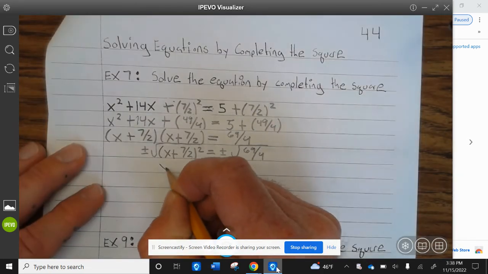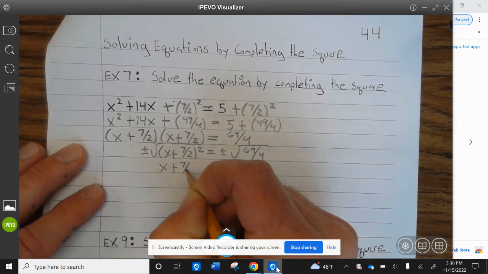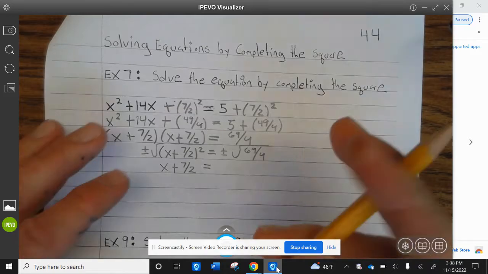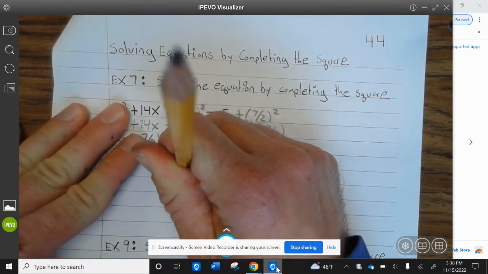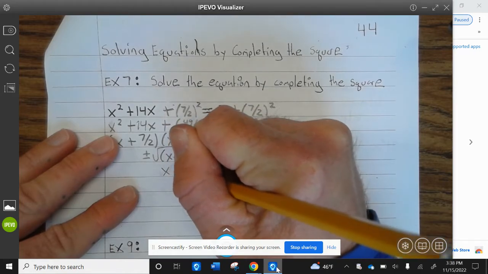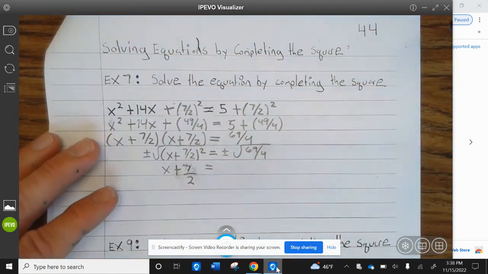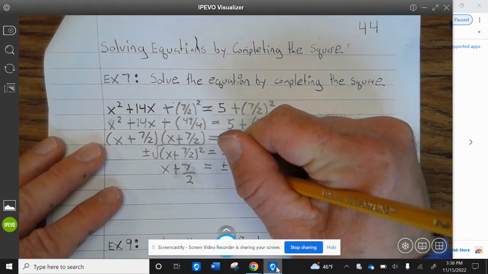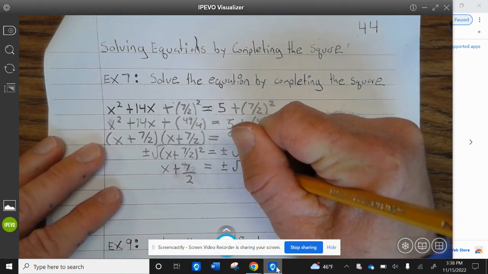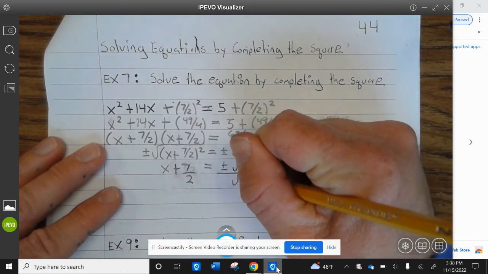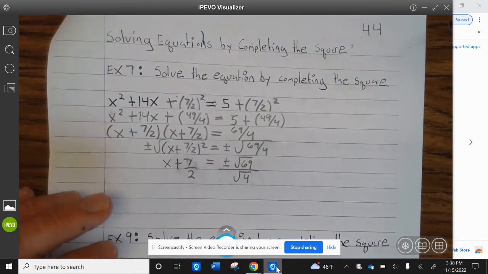Okay, so then you get x plus 7 divided by 2 equals, and I'm going to write it like this, equals plus or minus the square root of 69 divided by the square root of 4.